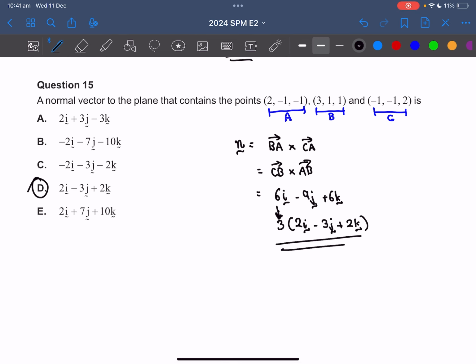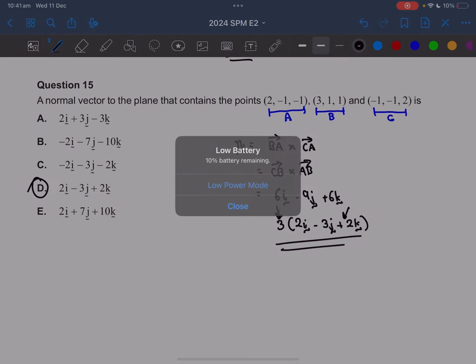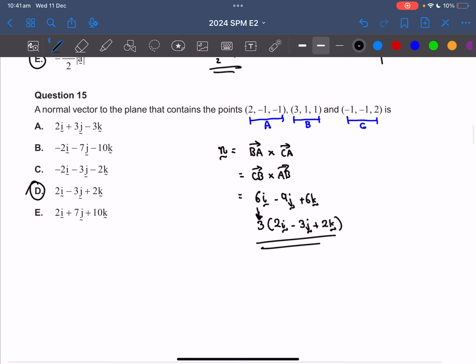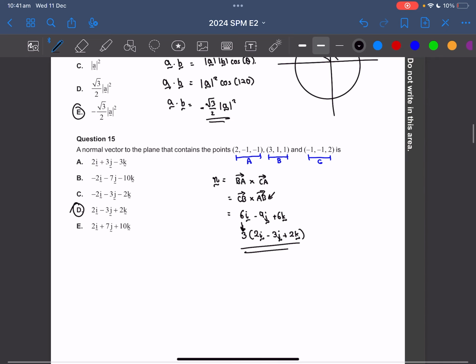Alright, so if we just multiply this vector by 3, we will get to this vector. So we can take 3 out as a common factor for this. Okay, hopefully this made sense. Now if you do CB cross AB, that also works. Doesn't really matter, okay? You can do it using any vector, okay?